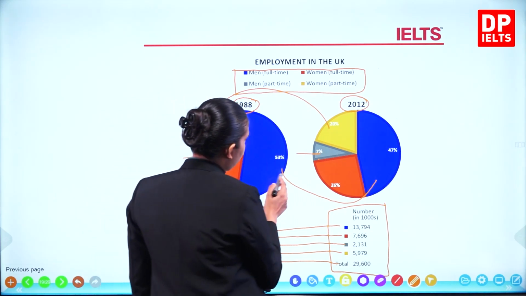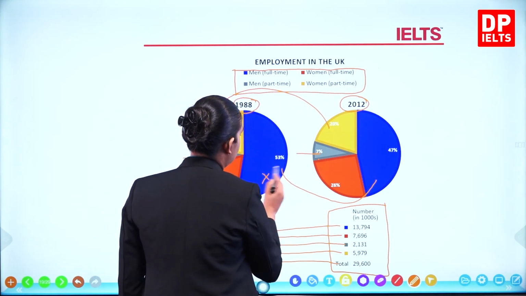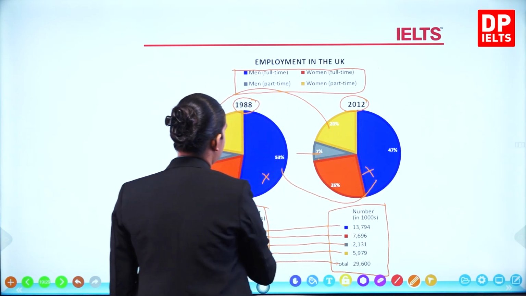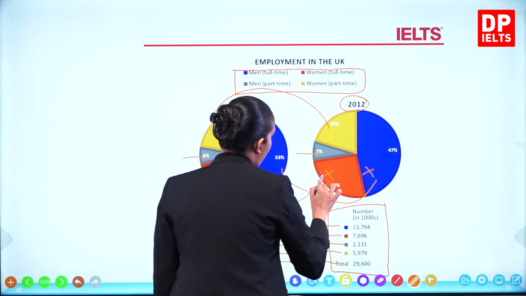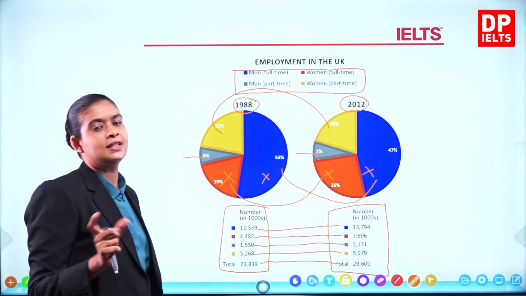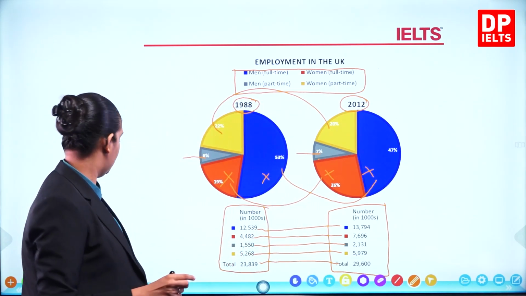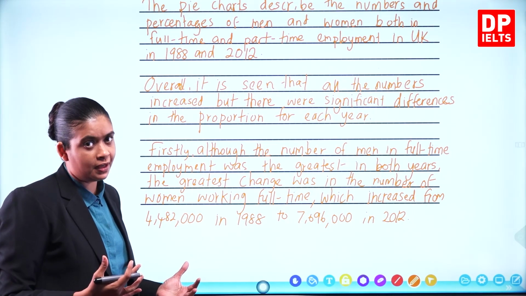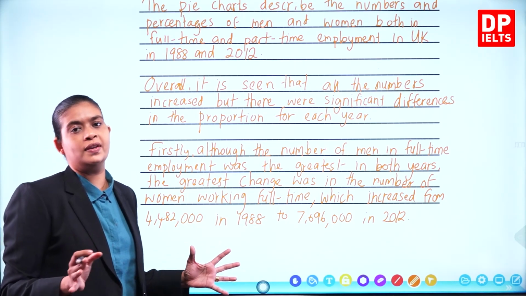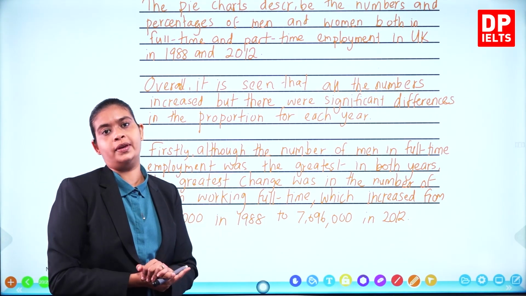So I've spoken about how this is the greatest, but this is even more the greatest, and this is how much it has increased in terms of numbers. Okay, so it's how you want to categorize your information. There is no right or wrong way, no single way you can categorize.